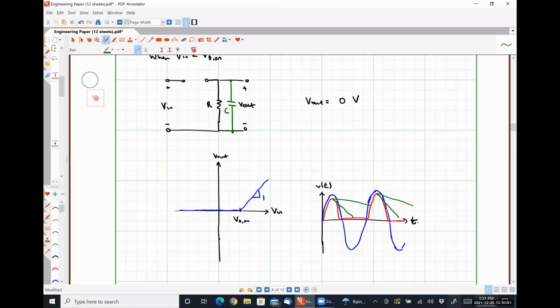So if we make it to where the time constant of that RC combination is much, much greater than the period of our input signal, we effectively never give the capacitor time to discharge, which is going to make the output look like a straight horizontal line. So a rectifier circuit there with that filter is how we convert an AC signal into a DC signal.